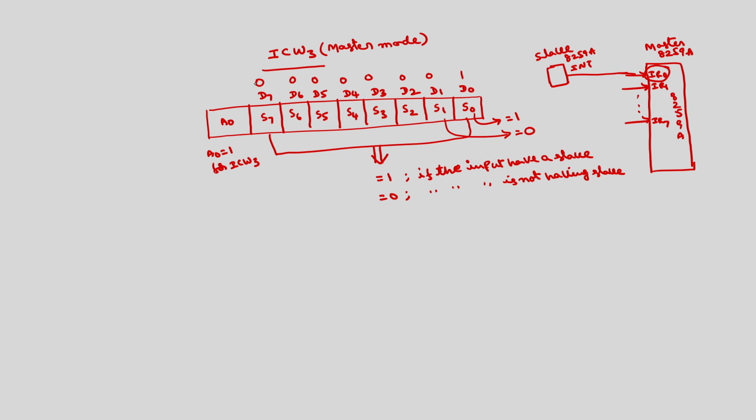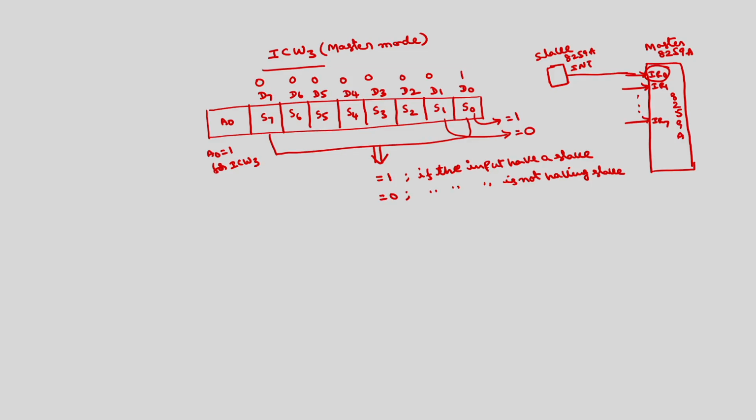So, depending upon whether IR 0 to IR 7 of the master 8259 are connected to a slave 8259 or not, the bits S0 to S7 will have a status of logic 1 or logic 0. 1 means the corresponding IR has a slave, and 0 means the corresponding IR does not have a slave. This is ICW3 in master mode.